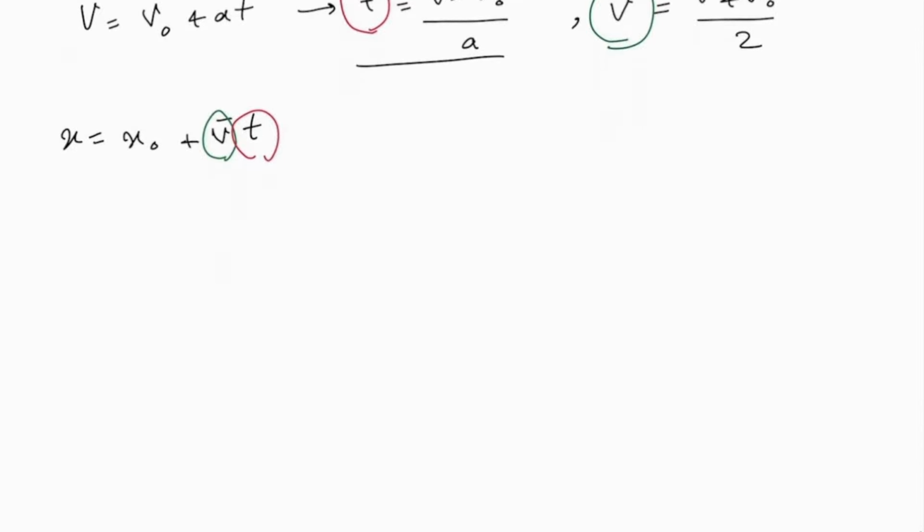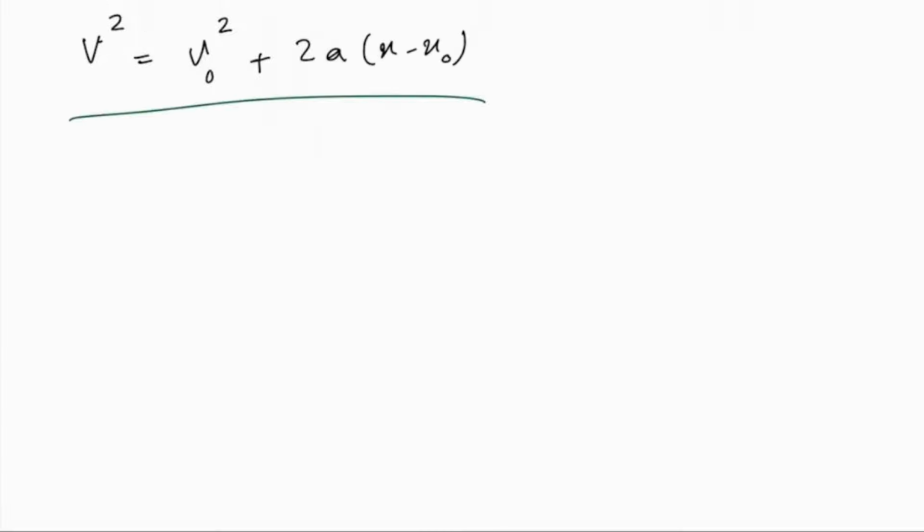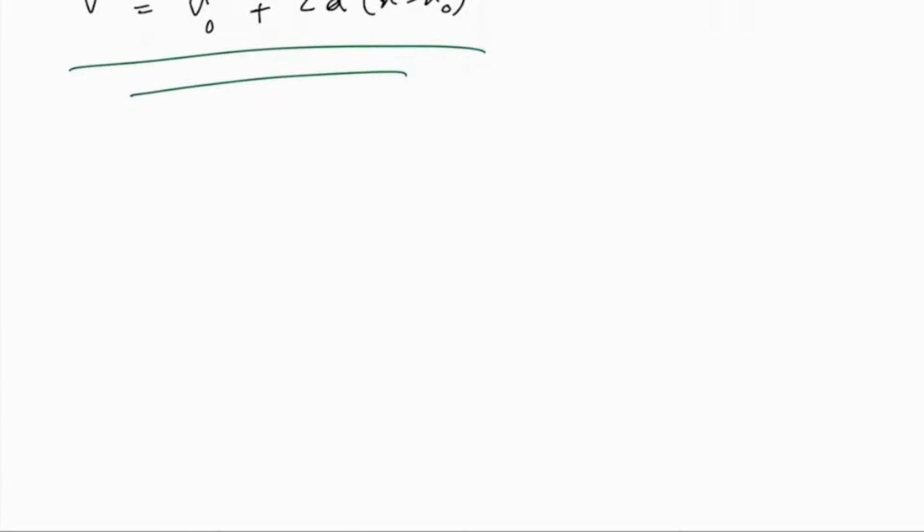We're going to end up with x equals x0 plus v plus v0 over 2 times t, which is v minus v0 divided by a. And when we solve for this, we're going to arrive at this equation. v to the power of 2 is equal to v0 to the power of 2 plus 2a times x minus x0. As you can see, we don't need time to use this equation.